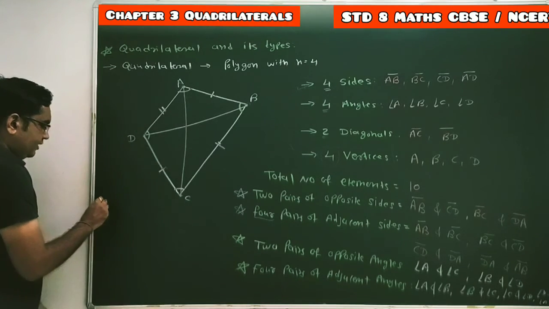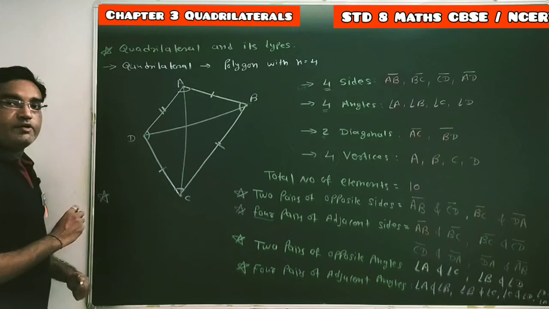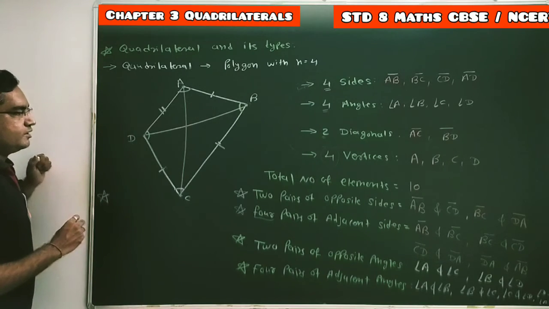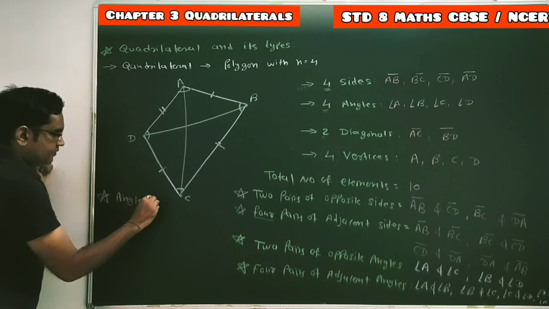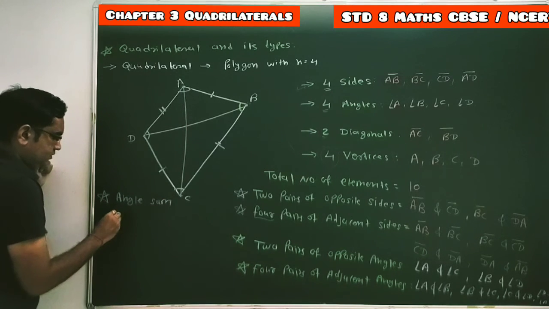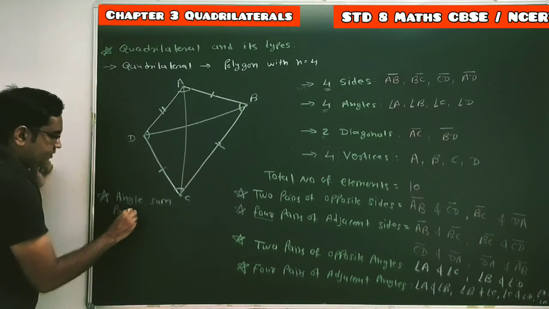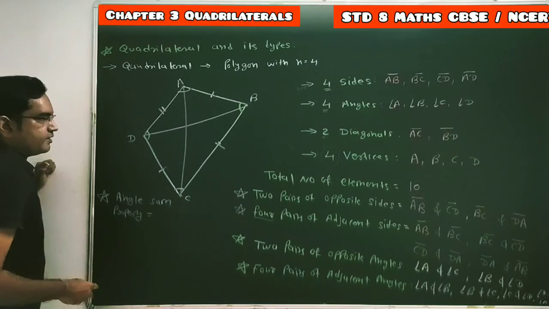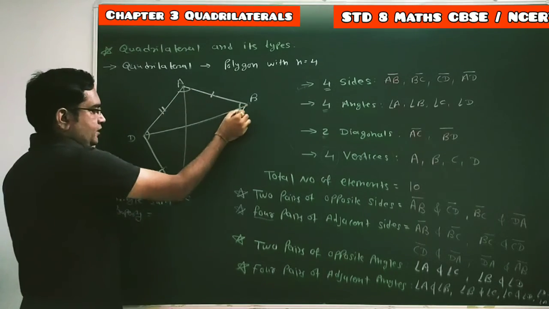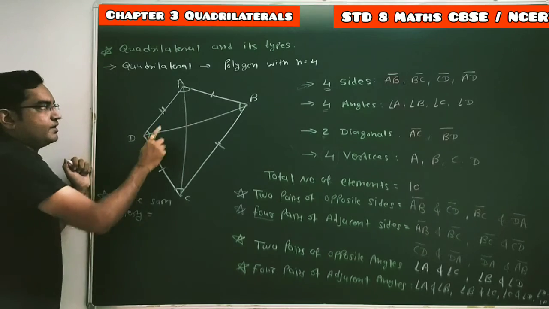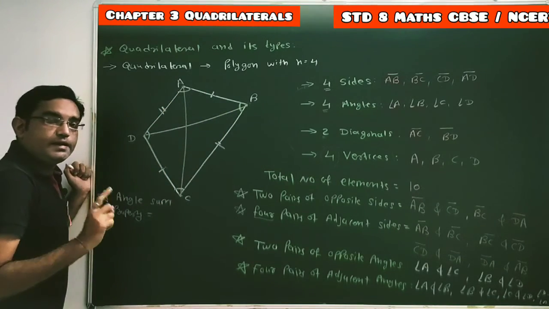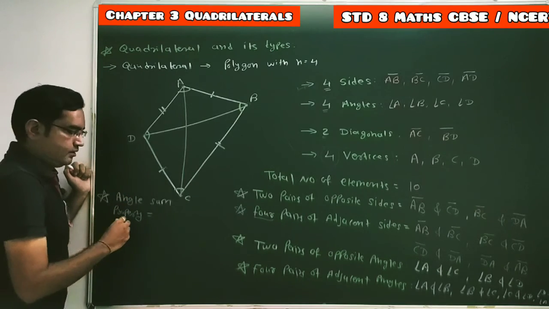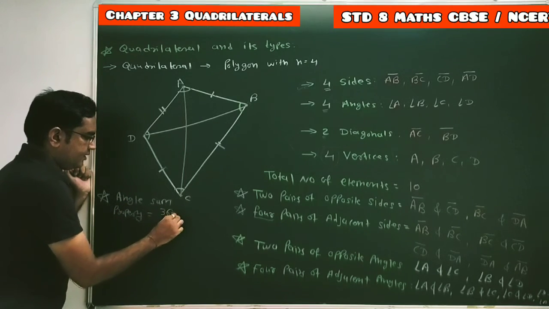And the last point that we already discussed, the angle sum property of a quadrilateral. It says that the sum of interior angles of this quadrilateral, that means angle A plus B plus C plus D, is always 360 degrees.